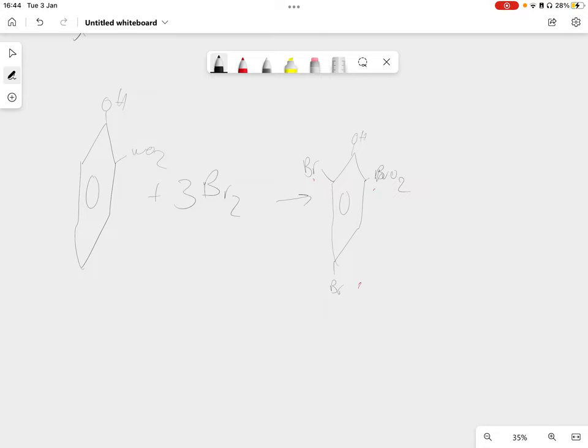And the orange colour from your bromine will go to colourless. So this molecule here is a white precipitate. And that is the reaction of it with bromine.